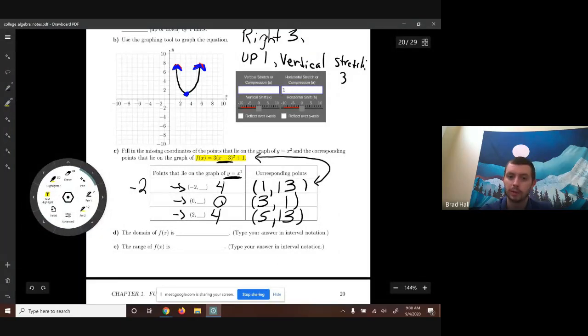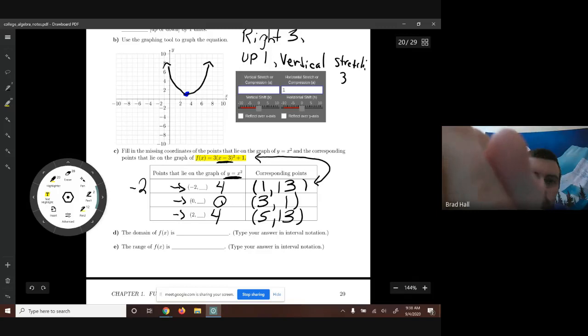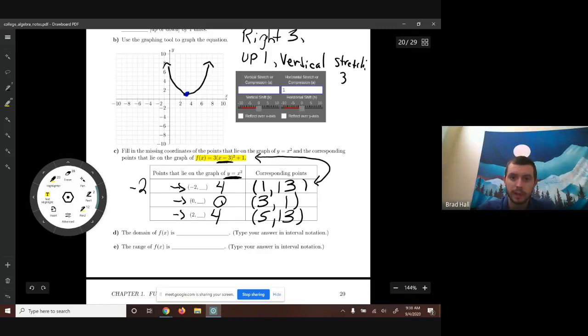So now that we know the graph, we can figure out the domain and the range fairly quickly. So let me go ahead and rewrite this. So the domain and the range. So remember the domain, since we have the graph, it's how far to the left can we go versus how far to the right we can go.